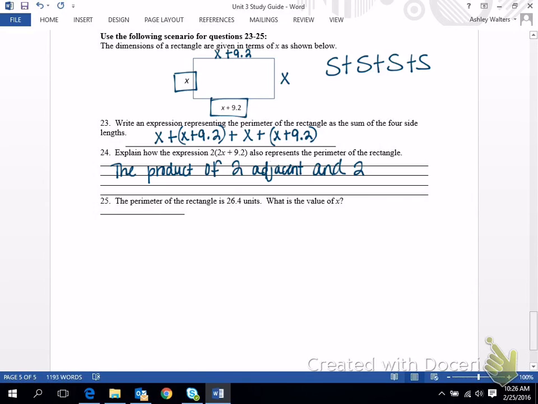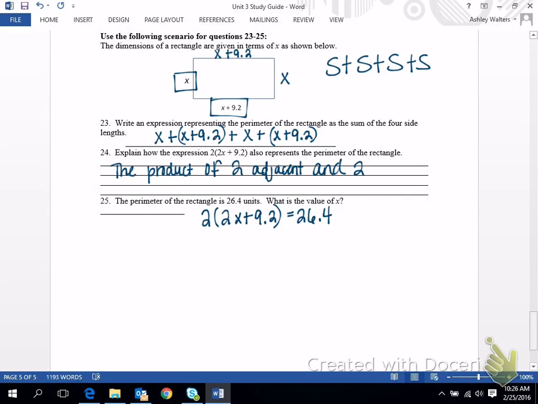We're then told that the perimeter of the rectangle is 26.4 units. So what is the value of x? We can use our product of two adjacent sides and 2 and set it equivalent to the perimeter, which is 26.4, and now solve the equation to figure out the value of x.